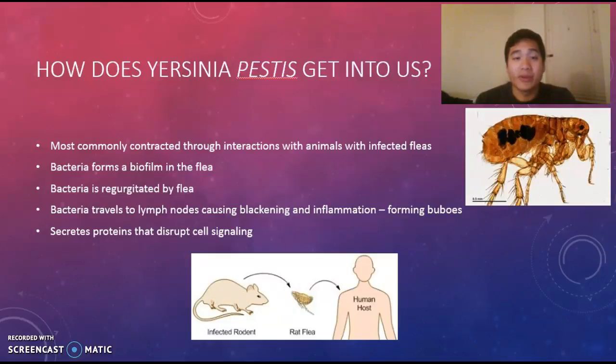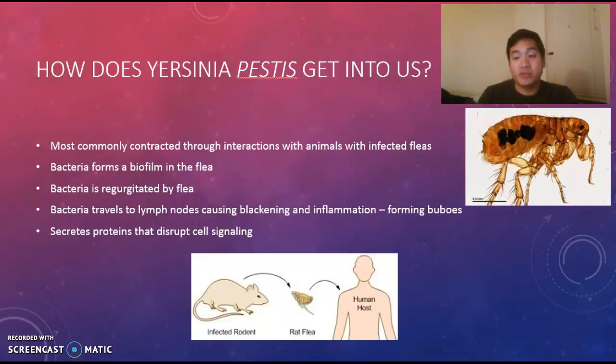After successfully avoiding the body's innate immune system, the bacteria travels to the nearest lymph nodes, where it causes blackening and inflammation. These inflamed lymph nodes are called buboes. This is where the term bubonic plague originates from, because of the formation of buboes on surfaces of skin.